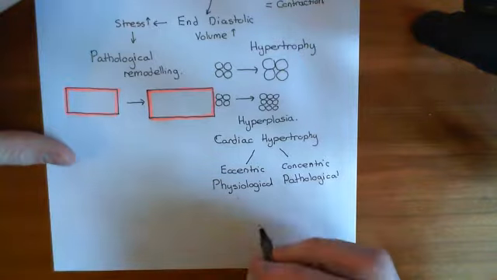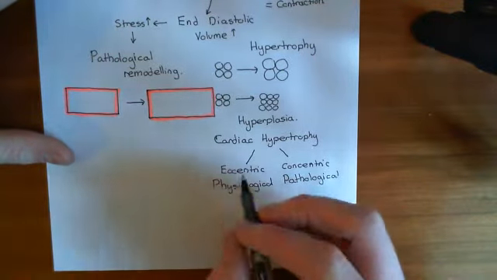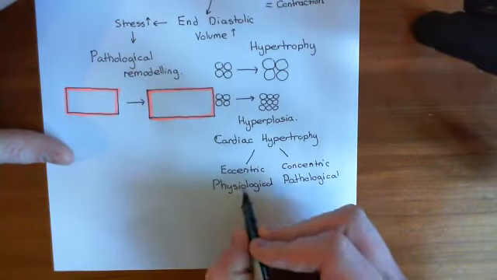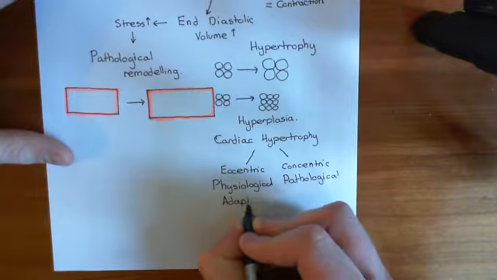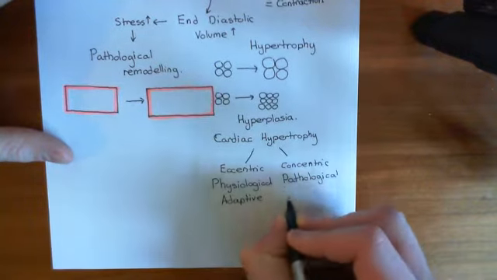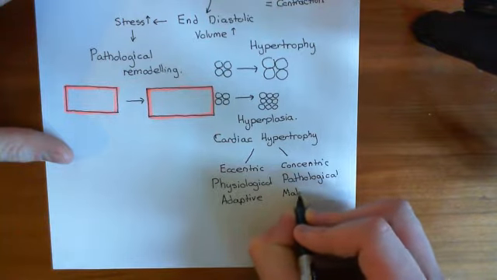Okay, there's two other names for these two forms of cardiac hypertrophy. We can call it eccentric, physiological, or also adaptive cardiac hypertrophy, whereas concentric/pathological cardiac hypertrophy has another name, which is maladaptive.